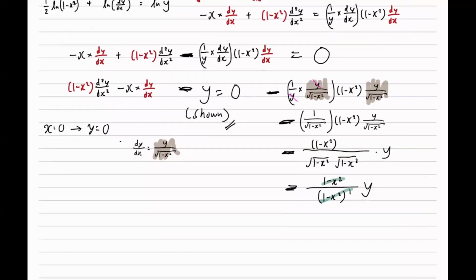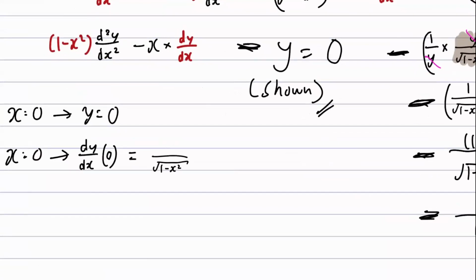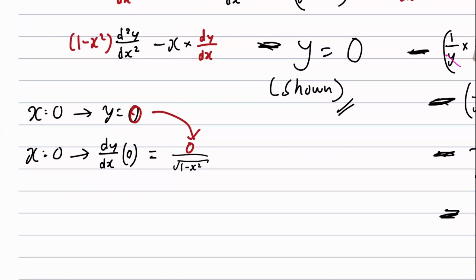So if we want x equals to 0, what is dy by dx at x equal to 0? This will simply be that expression, but you replace the y there with what? 0, right? Because it was previously a y. So when x equal to 0, y is 0.